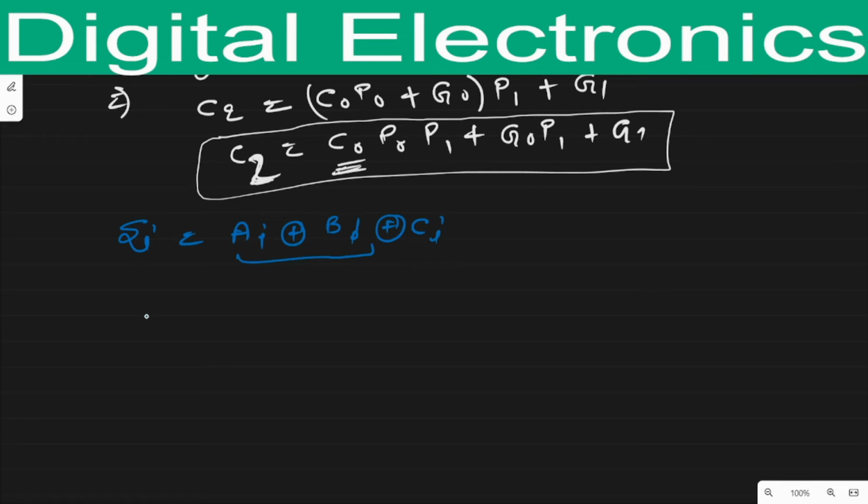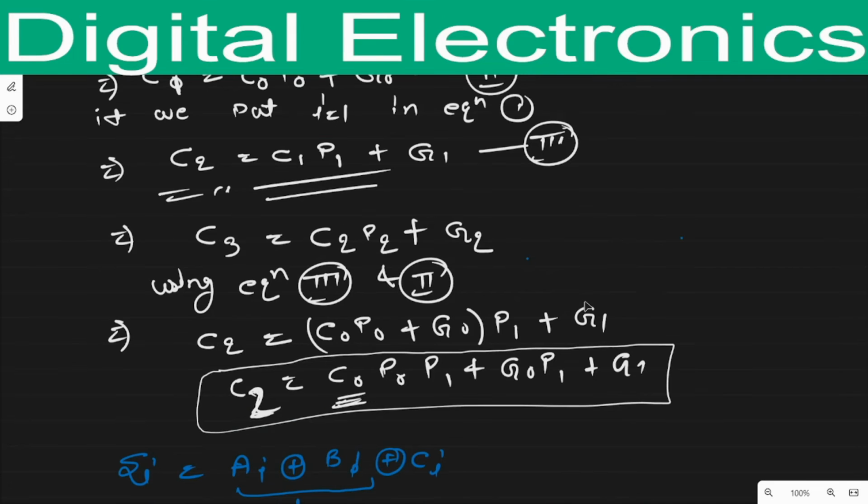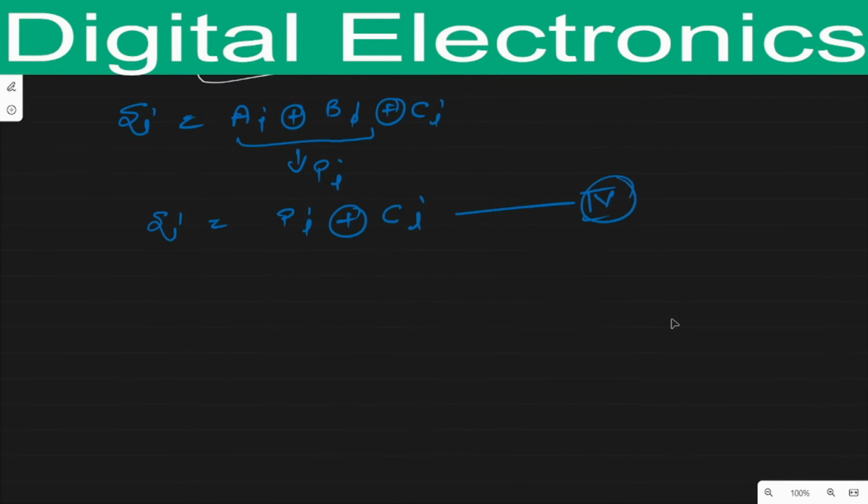But Ai XOR Bi is represented as Pi. So we can write Si as Pi XOR Ci. Is it clear to all of you? If we represent this equation as equation number 4, the previous one will be equation number 3.